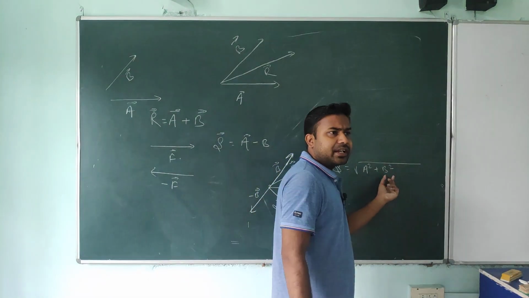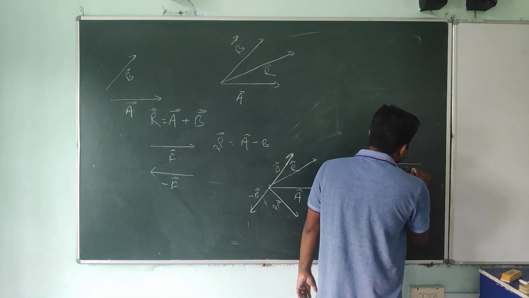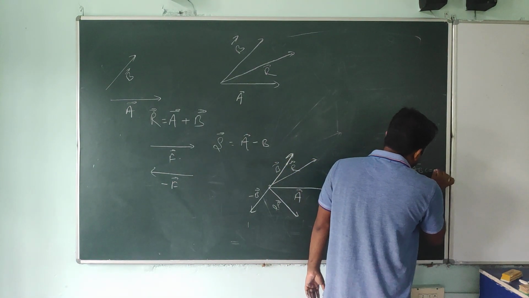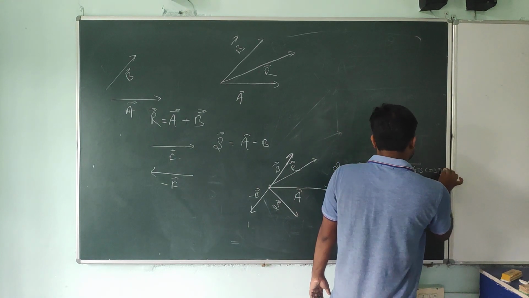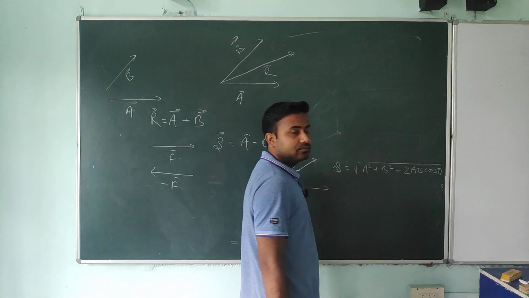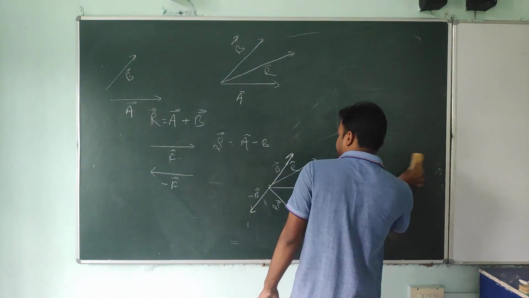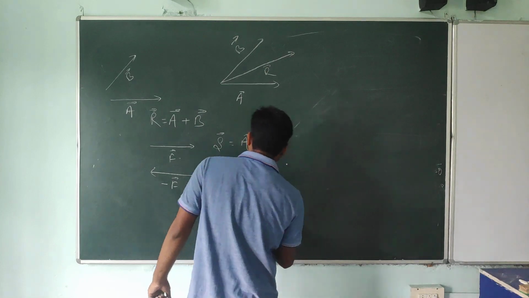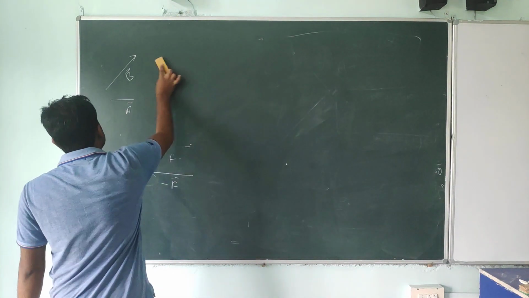Minus B, when you take the square, you also get the positive sign, and minus 2AB cos theta. Simple. Okay students, I suppose you all understand how to subtract. You just have to take the reverse, nothing else.